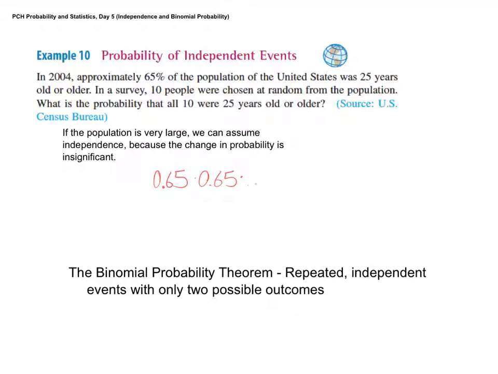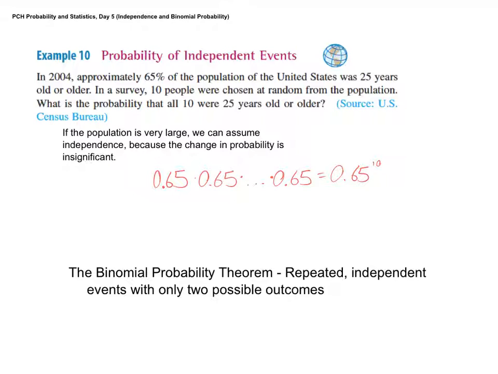Yeah, so if I do this 10 times, how could I rewrite that? 0.65 to the 10th power. There we go, 0.65 to the 10th power. That's going to give us the probability of picking 10 random people and having all of them be 25 years old or older. Okay?